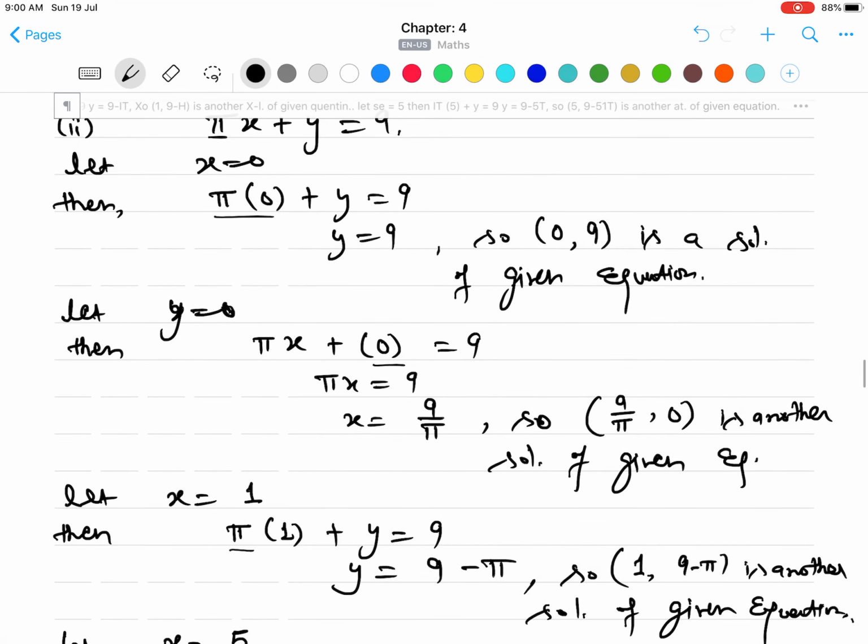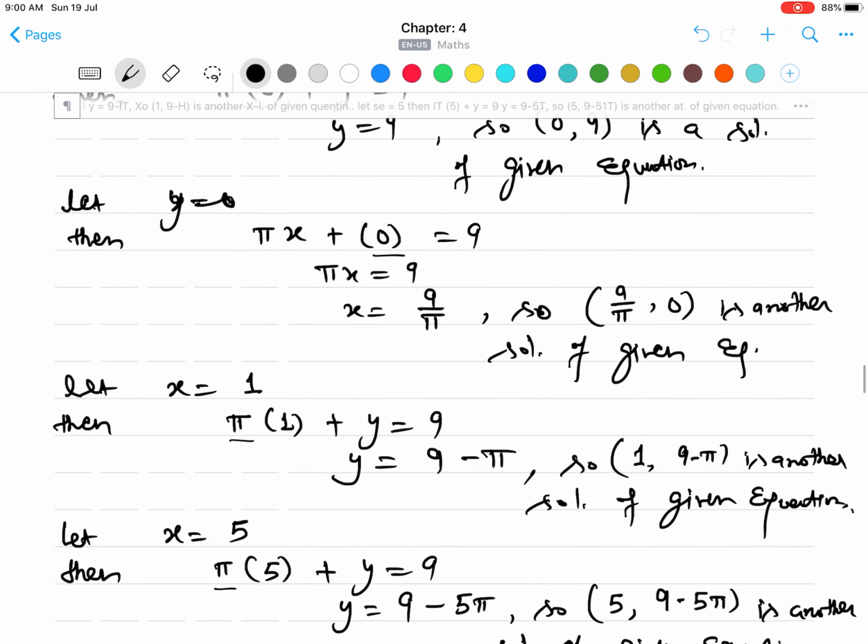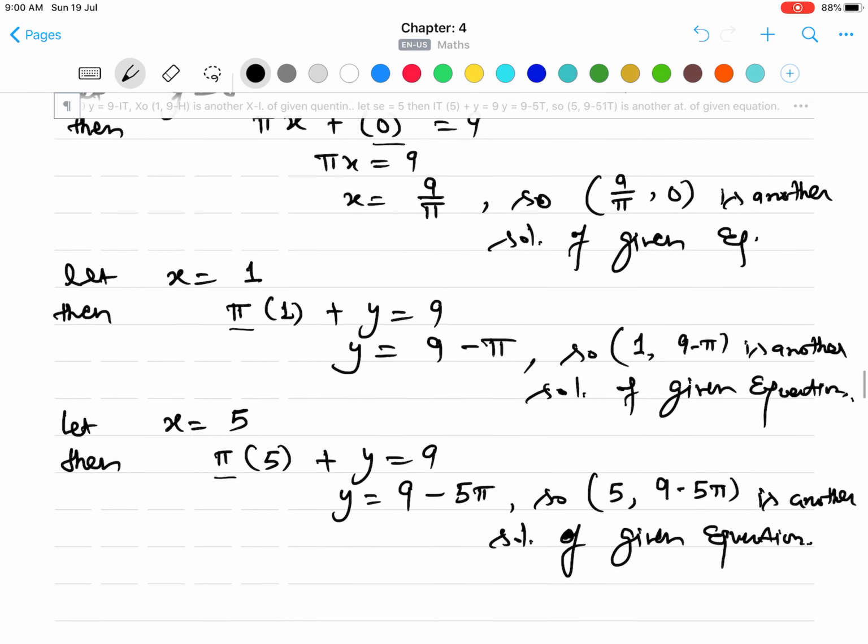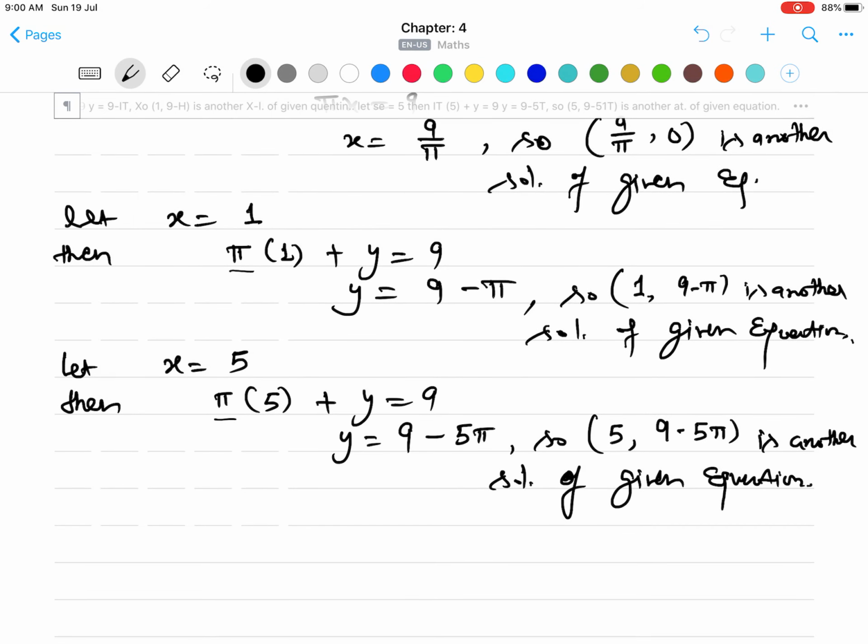Okay, now we got all four solutions for this equation. First is (0, 9), then we have (9/pi, 0), then (1, 9 minus pi), and (5, 9 minus 5 pi).